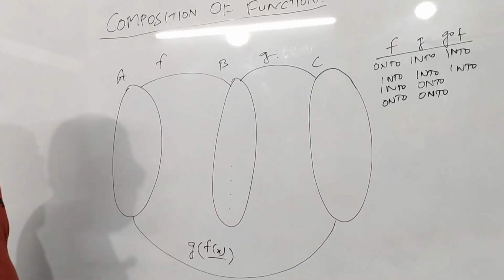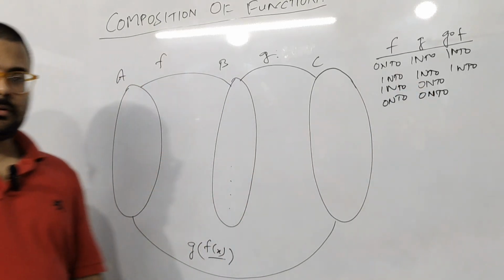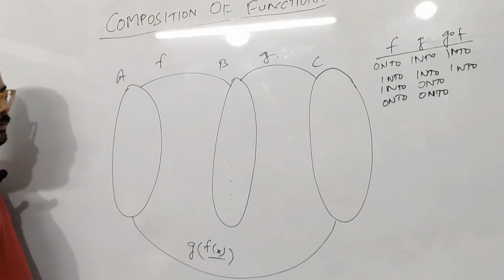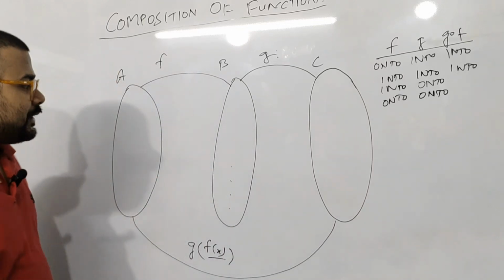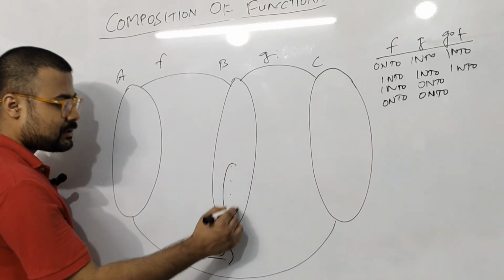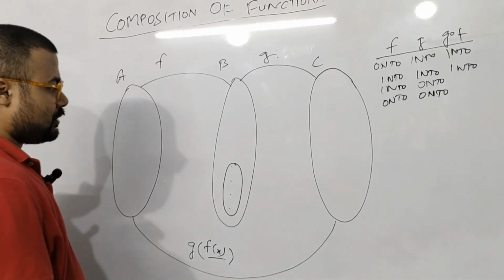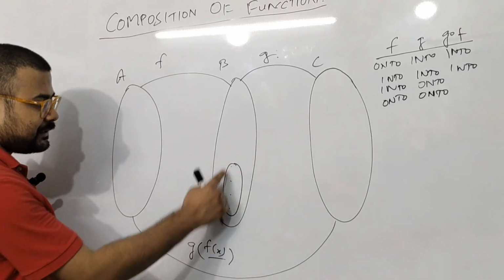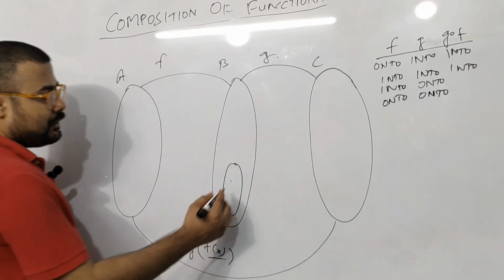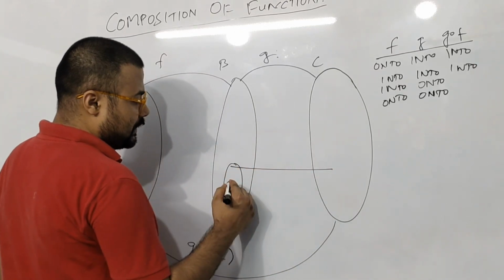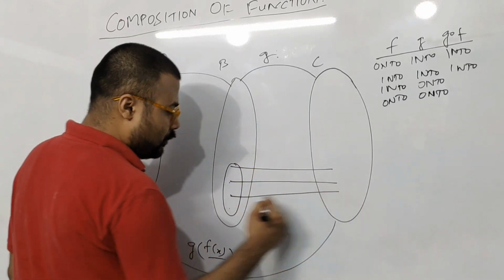Okay. Now, because g is onto, is there a possibility for gof to be into? Yes, because what if these elements that do not come as the range of f, what if these elements that are not in the range of f have a 1-to-1 relationship just for this subset? What if they have a 1-to-1 relationship?